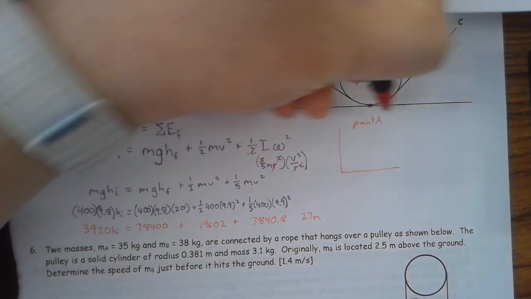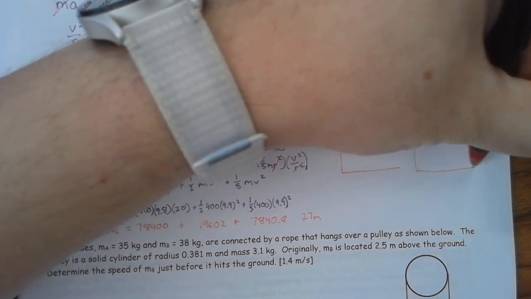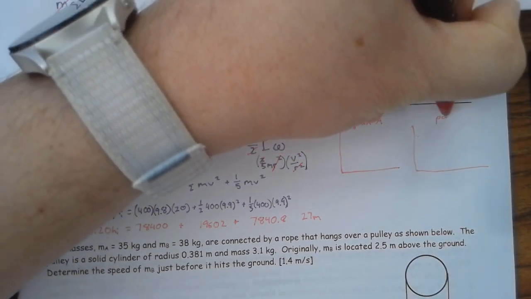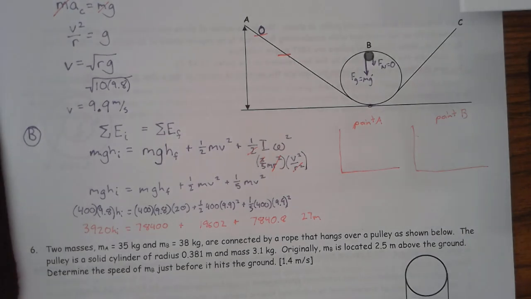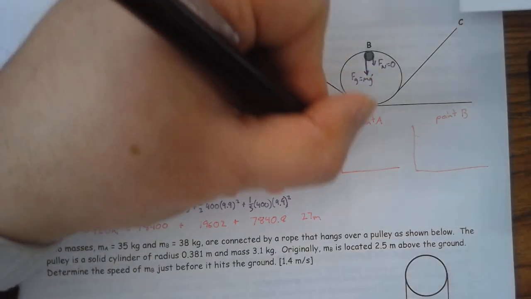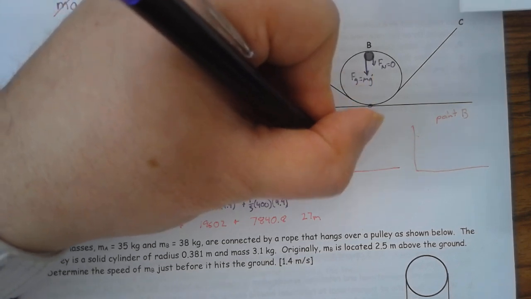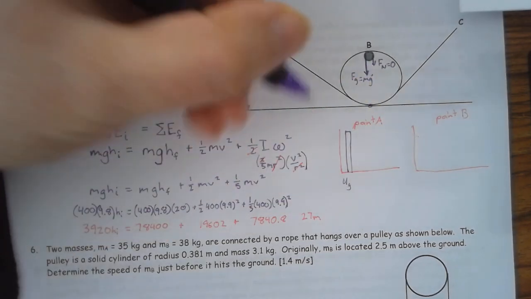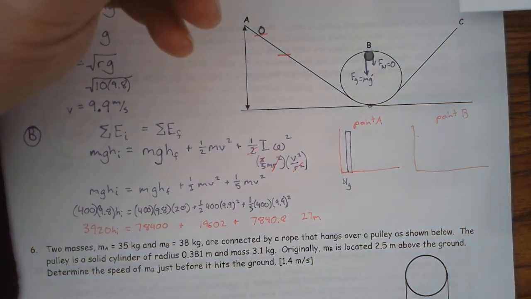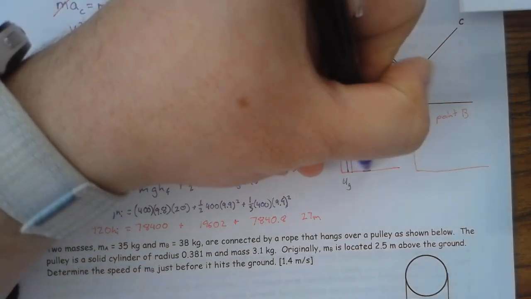Point A. Point B. Point A. Where does all my energy come from? Okay. So I'm going to max out this bar, UG. And then everything else is 0.